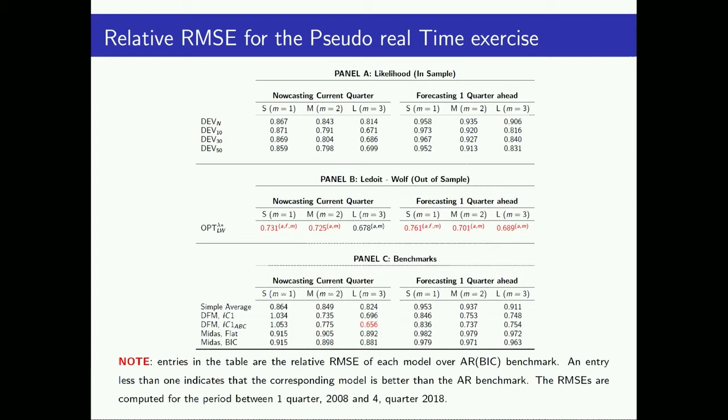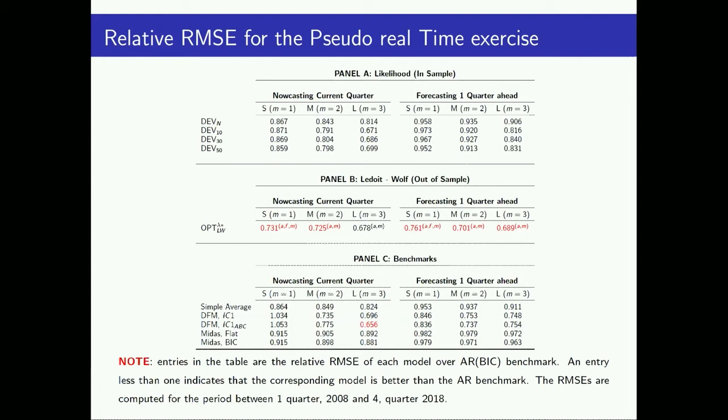Well, the idea can be related to the target predictors, in the sense that here we are considering the bivariate model in conjunction with each single monthly indicator.